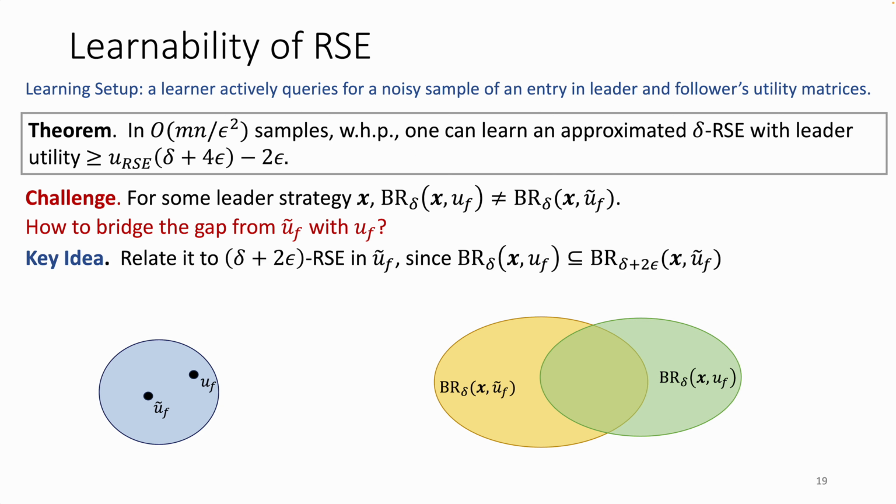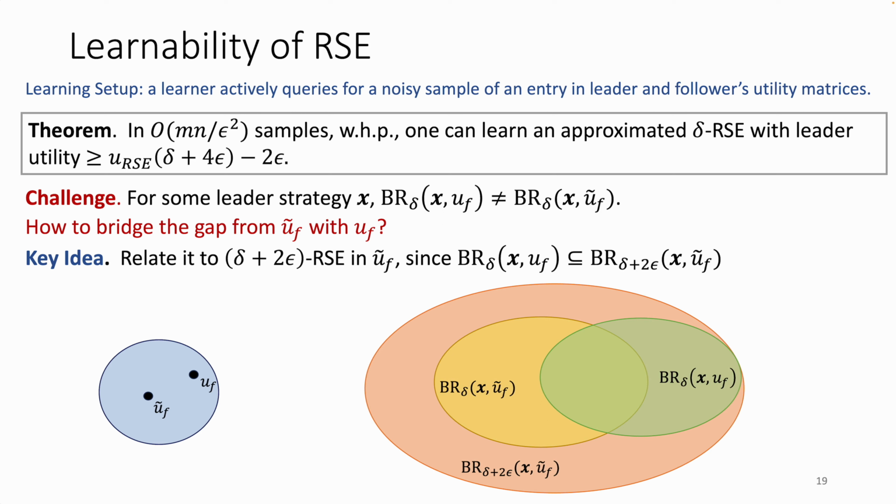The idea is that we can relate this to the delta plus 2 epsilon RSE in the perturbed utility, because we can show that the delta best response set under the utility matrix U_F must be a subset of the delta plus 2 epsilon best response set under the perturbed utility.